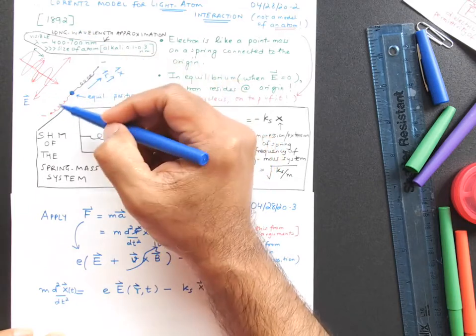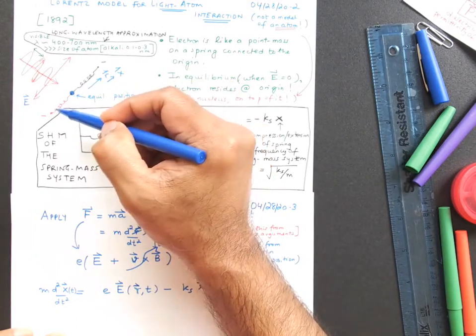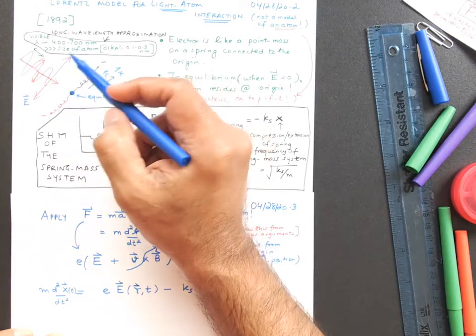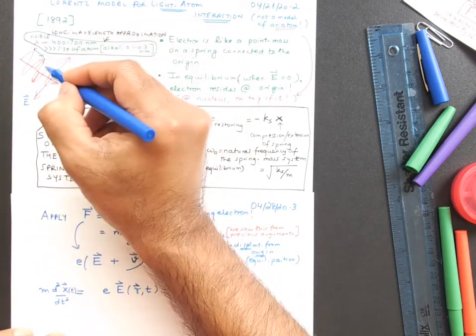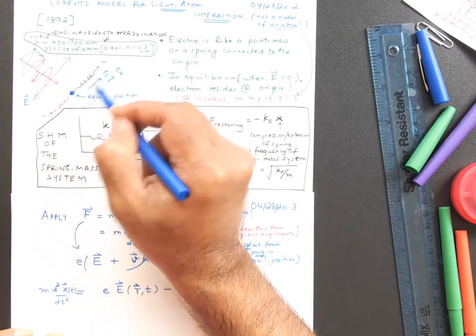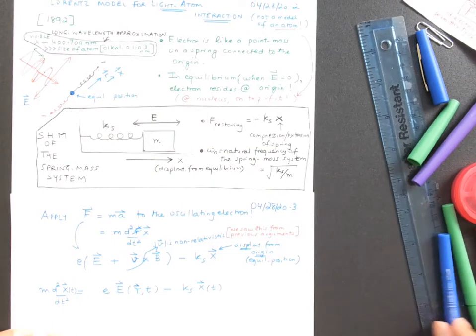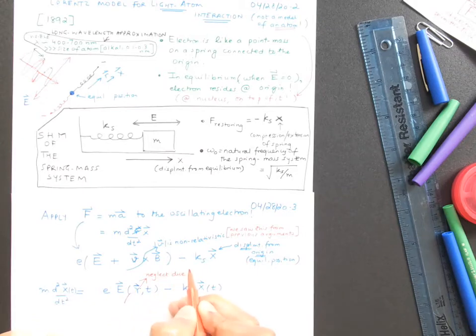It's not like the electric field is different from one point to another point inside the atom. It's the same exact electric field, whatever it is at some point on the wave. There's no variation of the electric field across the size of the atom, which means I can neglect this spatial variation because of the long wavelength approximation.